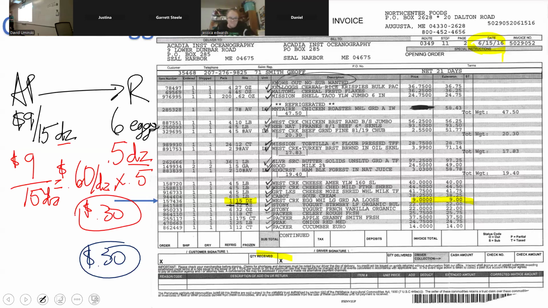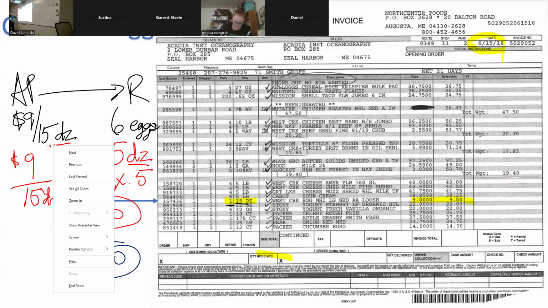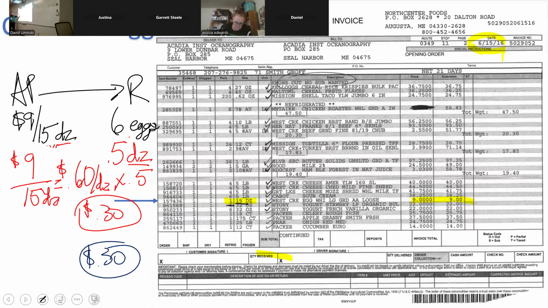Okay, so I think this is a good example. Andrew, thank you so much for choosing 6 eggs, because this shows that you are not always changing the AP side. Sometimes we can change the recipe side to match the AP side. If I'm already in the cost of 1 pound, and I can change my recipe to a good even number, like if it's 12 ounces, that's 3/4 of a pound, right?